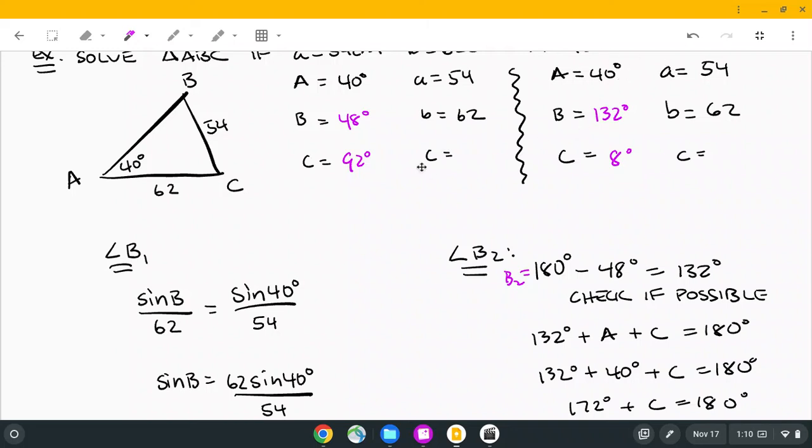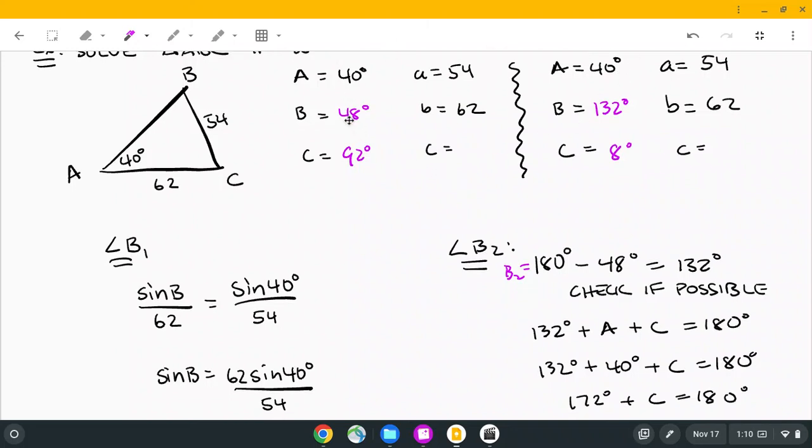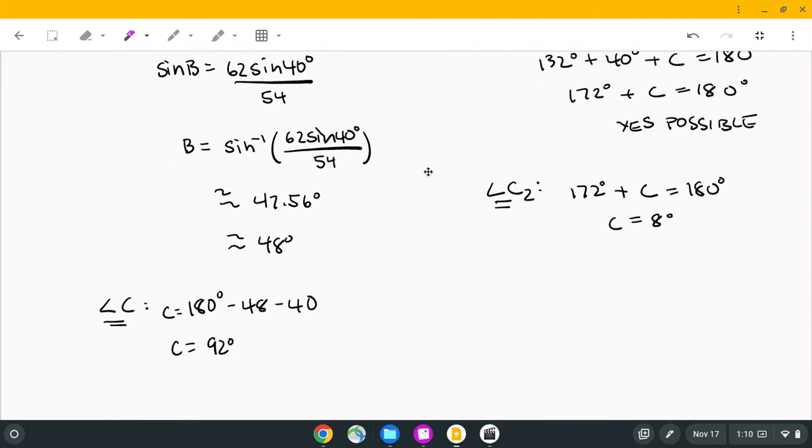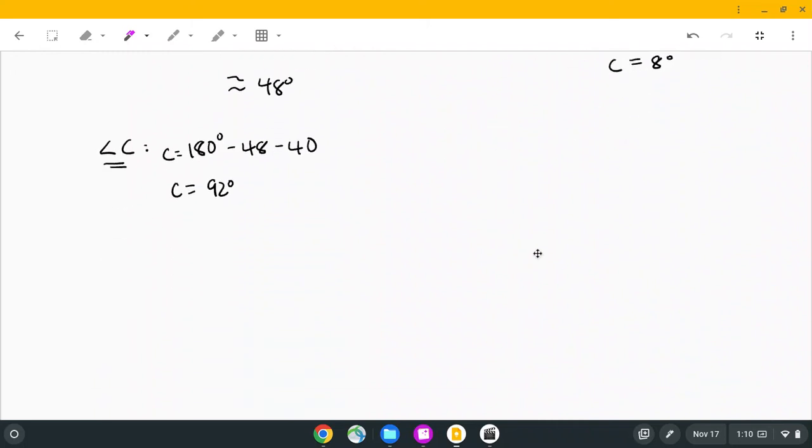That way, if you made any mistake here, it won't show up when you do your calculations for little c. All right, so let's do that. So we're looking for little c.